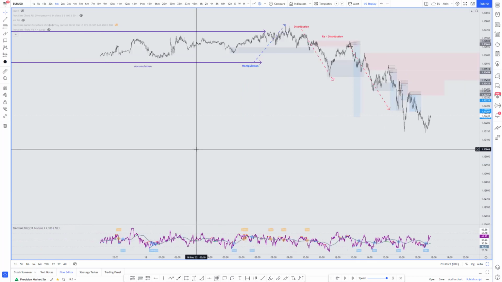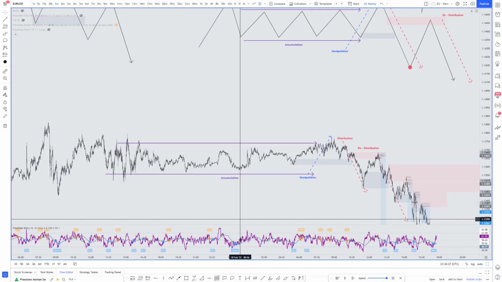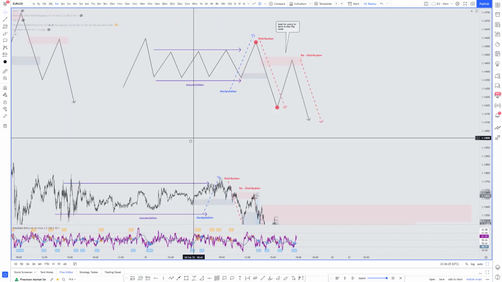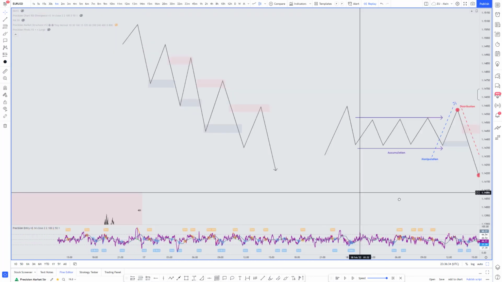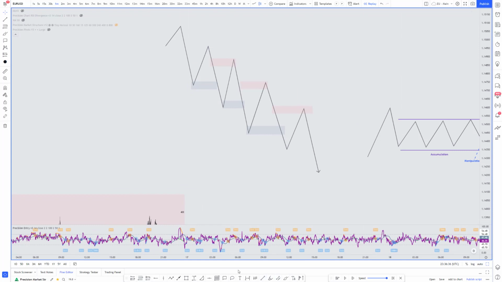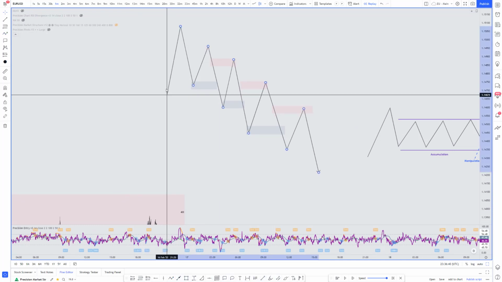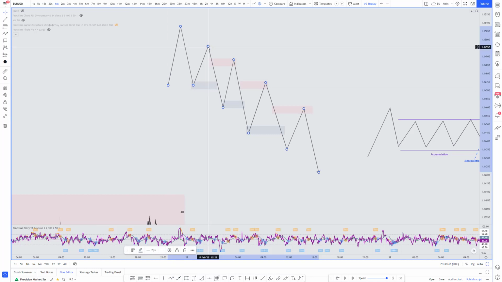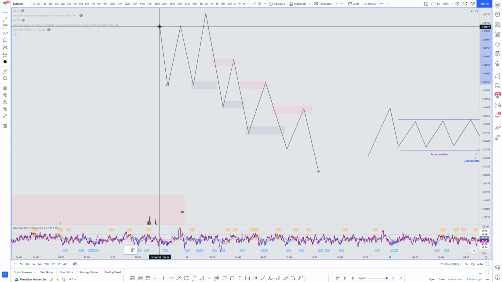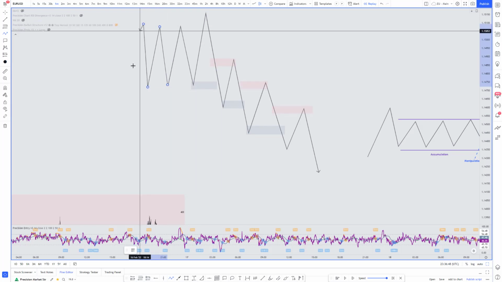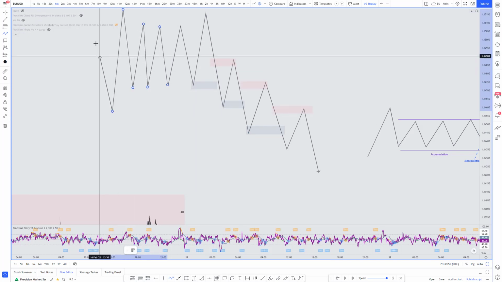Now, so we started off with a complex Wyckoff schematic. Then we took the complex Wyckoff schematic and we turned it into this. Then we took this and we turned it into this. The only difference here is you had a bit of a range. So it's more along the lines of something like this.